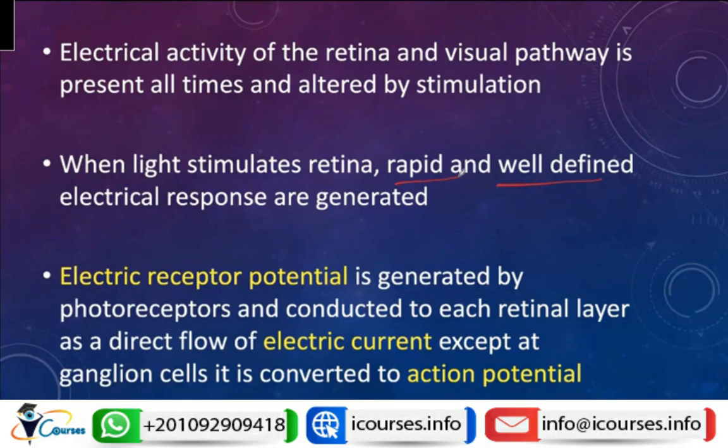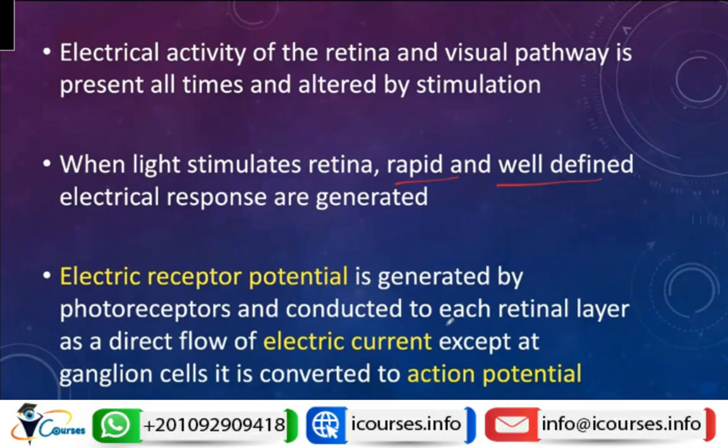During dark or during light, there is what's called a membrane potential. The photoreceptors have some charges, as we said before, like sodium. When sodium enters the cell, the sodium influx causes some electrical changes in the cell. So even at rest, there is what's called a resting potential or electric receptor potential. This is present all the time.